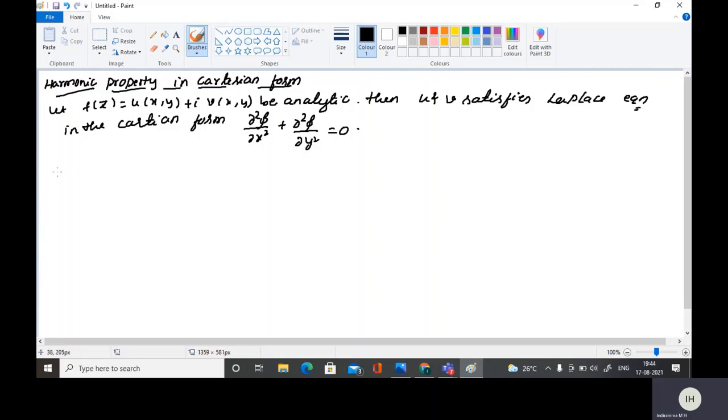So we have to consider the proof. Let f of z be analytic. If f of z is analytic, it should satisfy the CR equations.